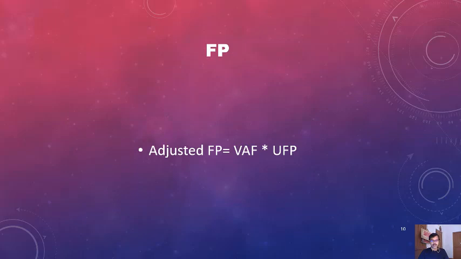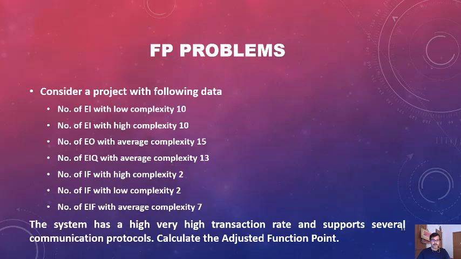Now, here we will show a problem. Consider a project with the following data. Number of EI, external input, then external output, external inquiries, internal logical files, external interface files.